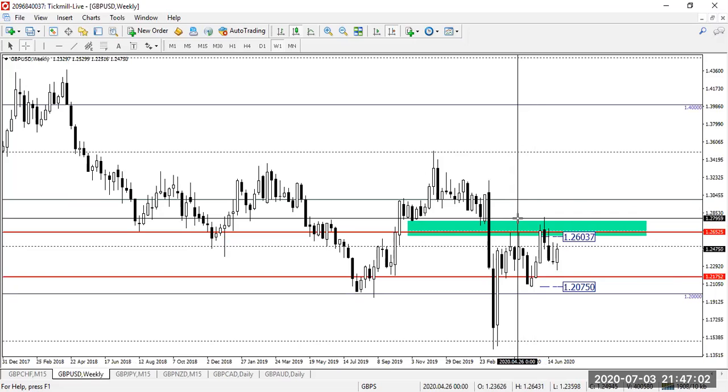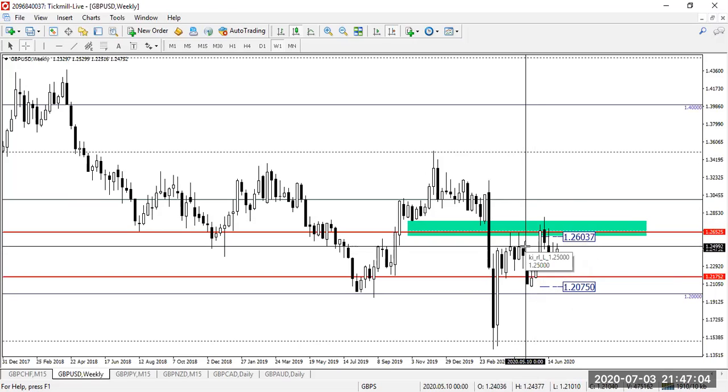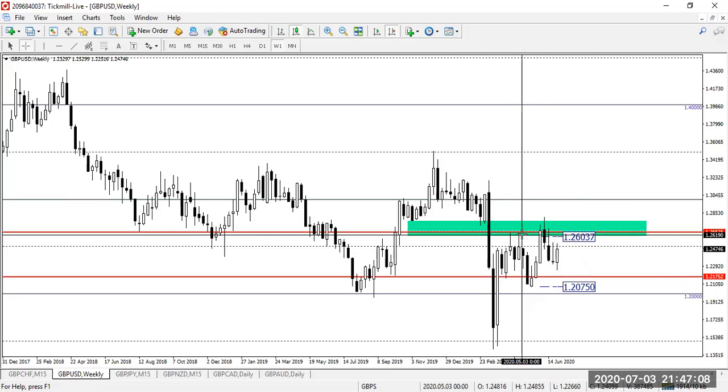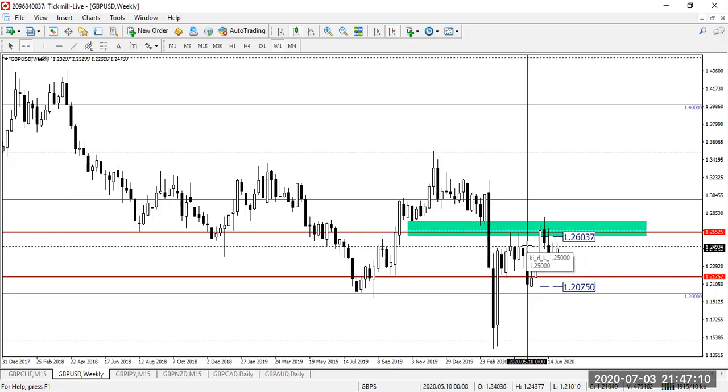Although they pulled up, they pulled back quickly, trapping buyers. So there are buyers trapped here, and this is a very high time frame, so we don't expect these buyers to be set free anytime soon.